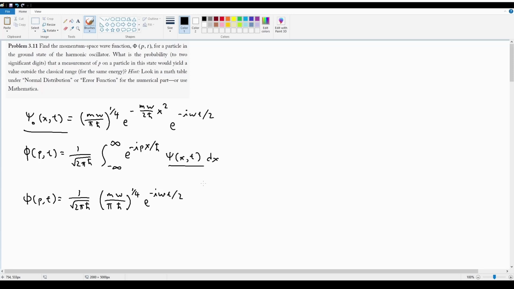And then finally our integral in terms of x, from negative infinity to infinity, starting with this middle term, e to the negative m omega over 2h bar x squared, times e to the negative i p x divided by h bar dx.